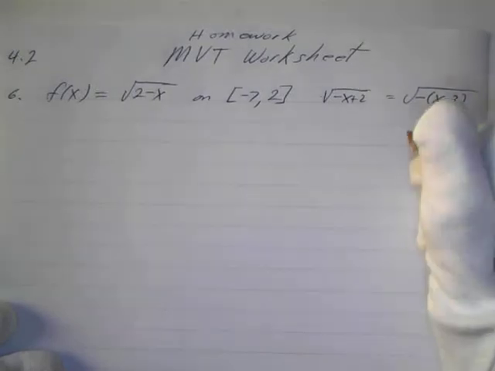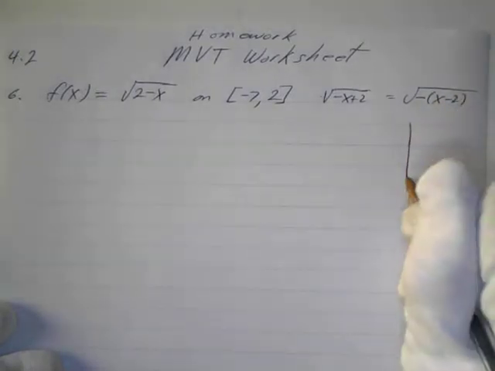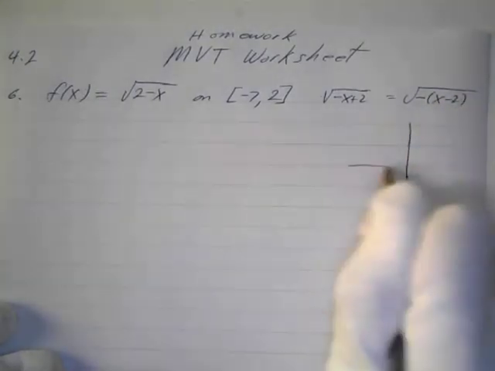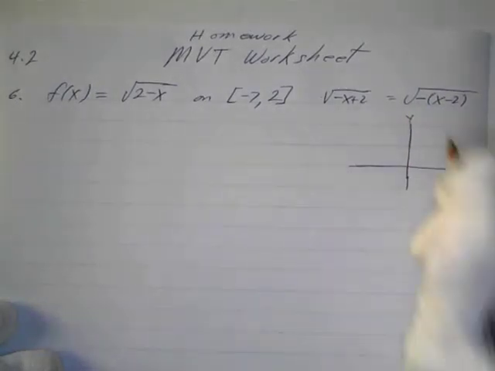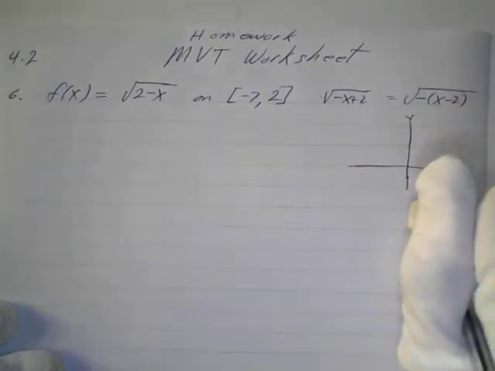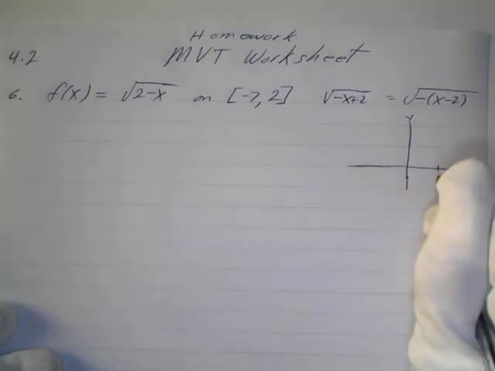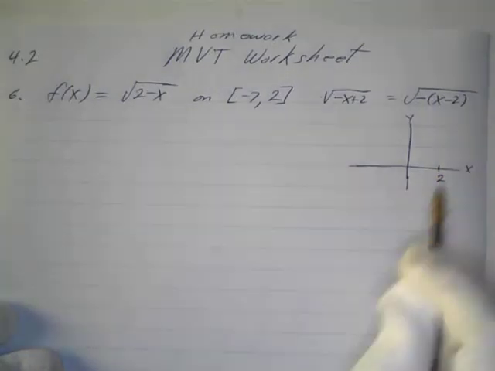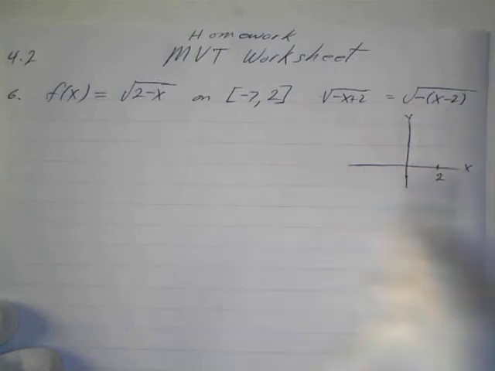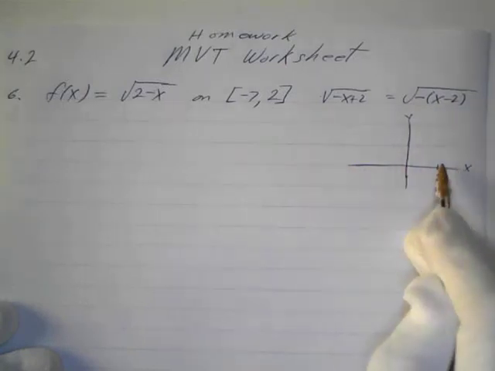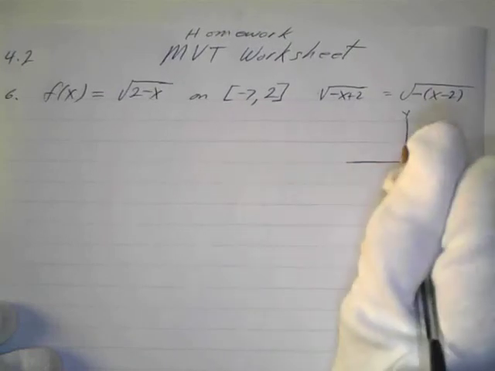If we just look at the sketch, here's our 2. This looks like the parent square root function, but it's flipped because we've got a negative in front of the x, so it's flipped about the y-axis. In this case, the axis is 2, so it's shifted over 2, and it's going to look something like this.